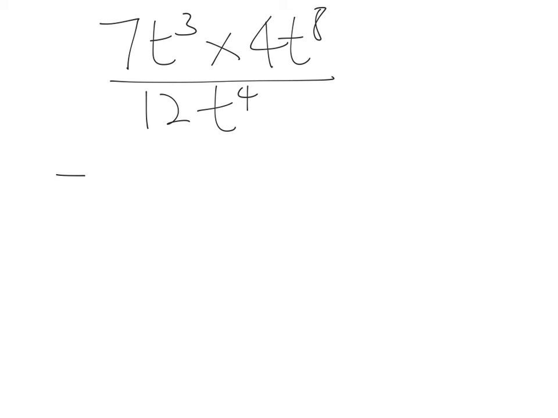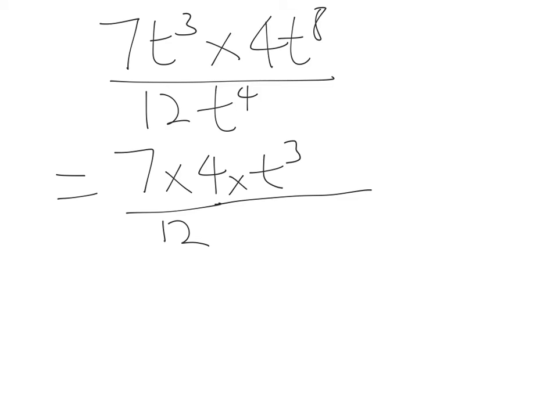Again, the same thing. Let's look at the numbers themselves. So I've got 7 times 4 divided by 12, and t to the power 3, t to the power 8, and underneath t to the power 4 in the denominator.